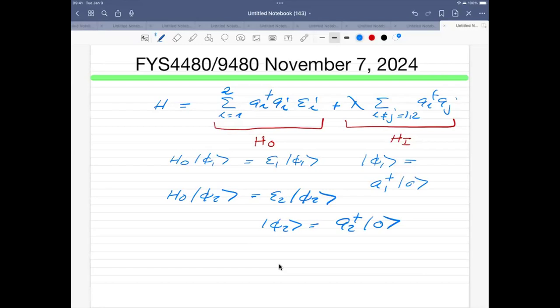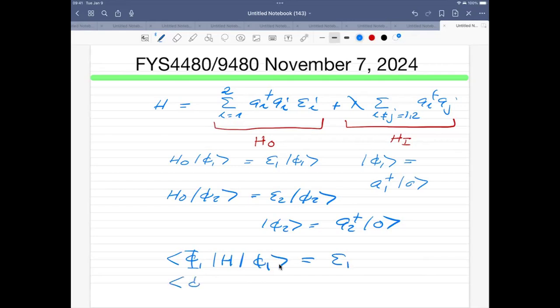And then we could calculate so-called matrix elements. The typical matrix elements which we would get would be something like phi 1 of H of phi 1, and we found that one to be equal to epsilon 1.